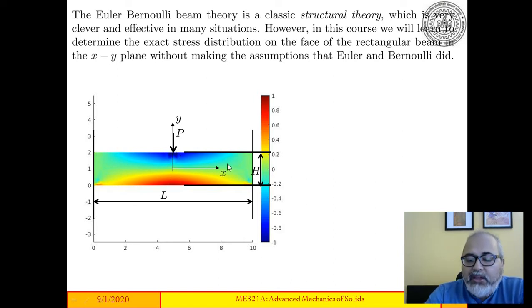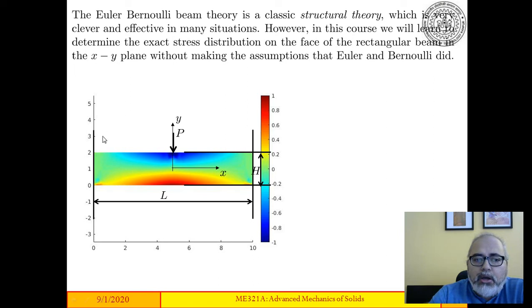So if you just rely on the Euler-Bernoulli beam theory, you would get a good picture here because it's all green and differences are low. You would get a good picture here. Here also the differences are low, but around the application of the load and around the boundaries at the top and the bottom, you would probably overestimate or underestimate the stress by a very, very large amount.